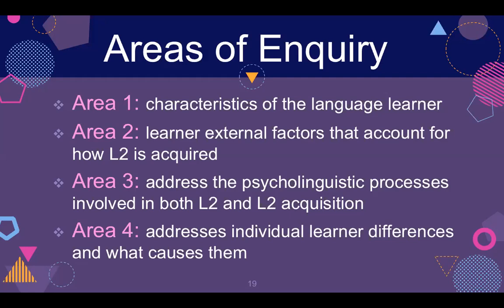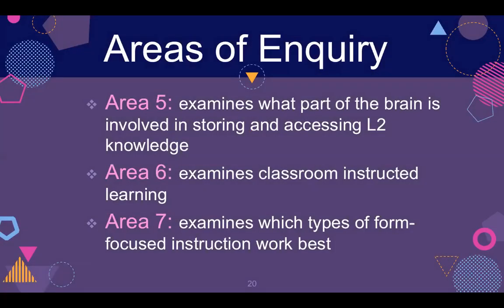Area 3 is the psycholinguistic process involved in L2 acquisition. Area 4 addresses individual learner differences and what can cause these differences. Area 5 examines the part of the brain that's involved in storing and accessing L2 knowledge. Area 6 examines classroom instructed learning, and Area 7 examines which types of form-focused instruction work best.